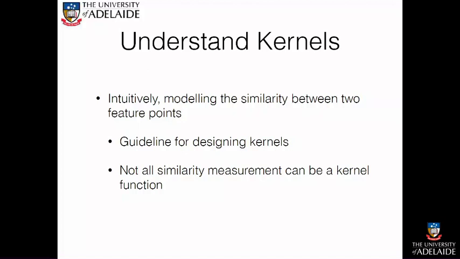It's the angle of the two vectors, x and x prime. So this is a cosine distance. But if we use the kernel function, instead of using cosine distance, you use another measure of distance or similarity.